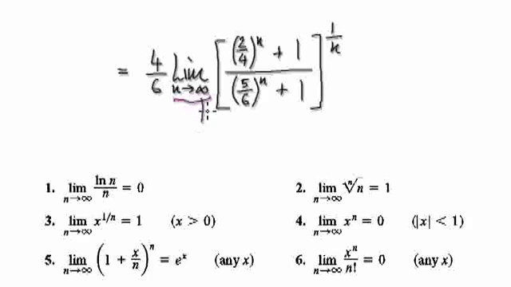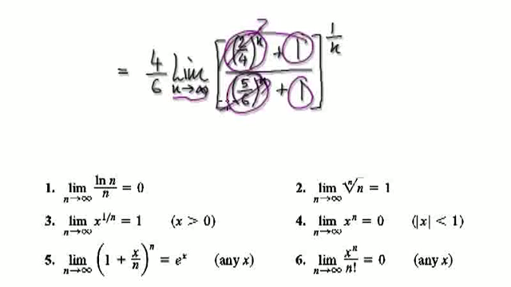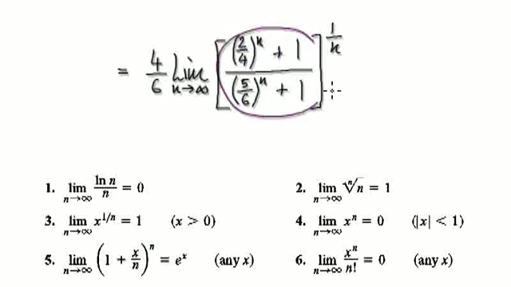As n tends to infinity, this thing here is less than 1. 2 over 4 is a number less than 1. If you get a number smaller than 1 and you keep on multiplying by itself, it's going to get smaller and smaller and smaller. As n tends to infinity, this is going to head towards 0. So you've got 1 over 1, which is 1. So now this whole thing here is the number 1.